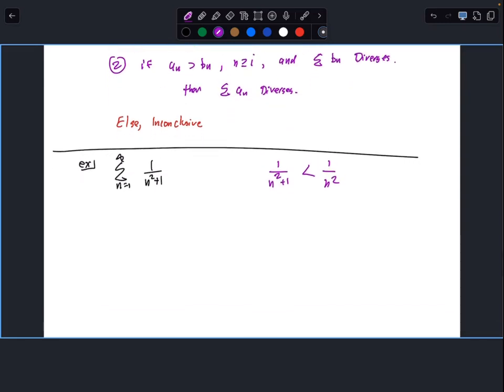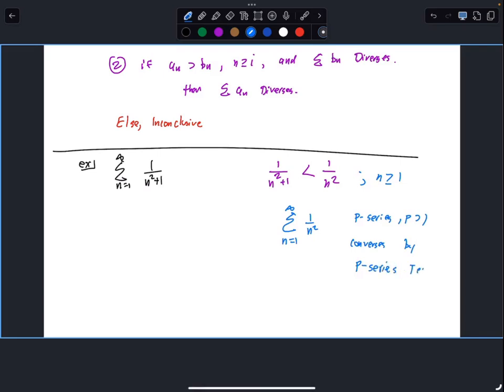And so I must now show that the series, and this is true for n greater than or equal to 1, for all values, the series from n equals 1 to infinity of 1 over n squared is a p-series where p is greater than 1, so it converges by the p-series test.